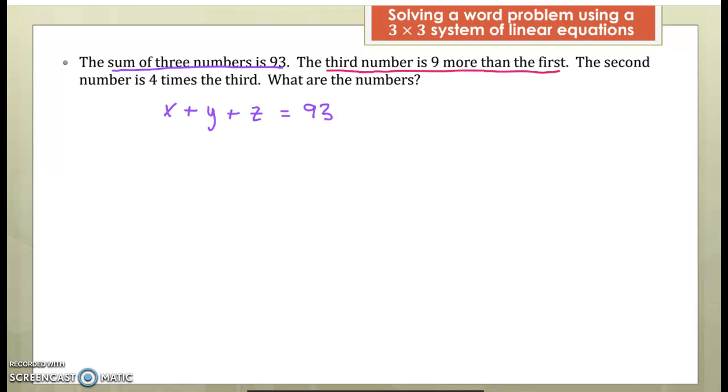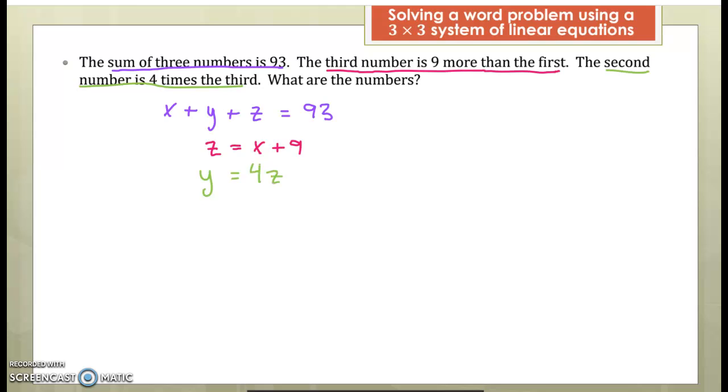So the third number z is equal to the first number plus 9, or 9 more than the first. The next one says the second number is 4 times the third. The second number is y, so that's equal to 4 times the third number, which is z.